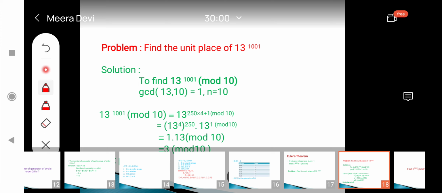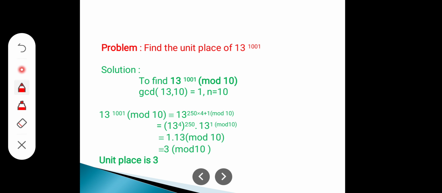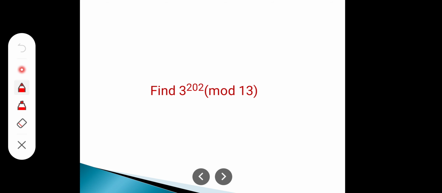Next, here is a different problem. Find 3 power 202 mod 13. Find 3 power 202 mod 13. Okay.